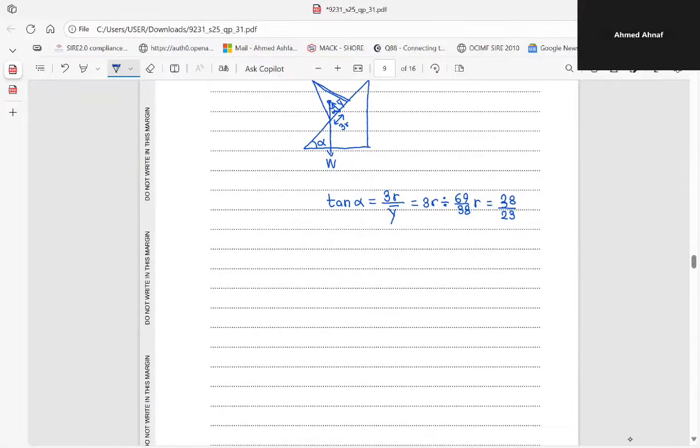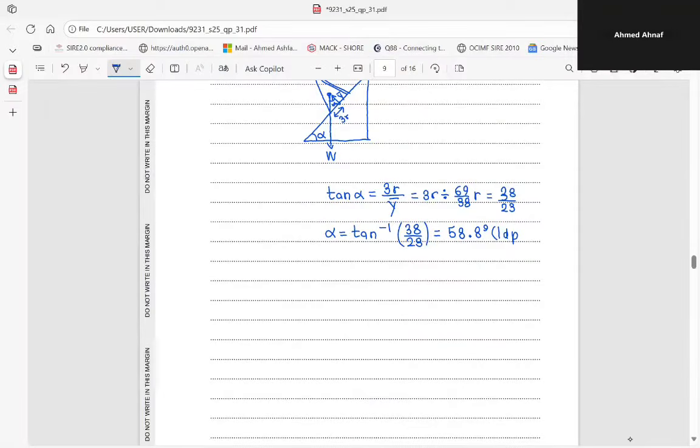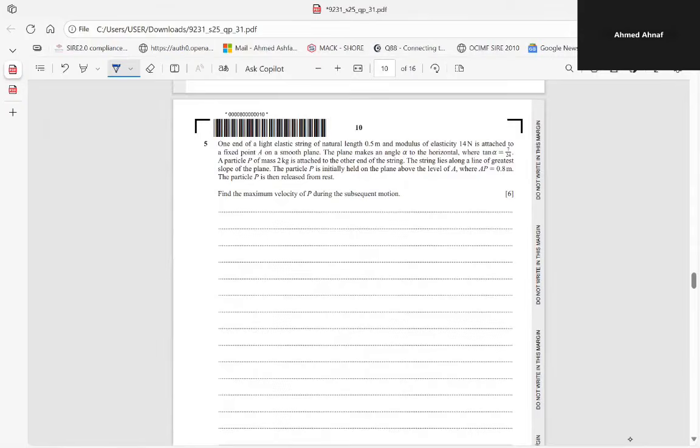And then now we can easily find alpha, which is just tangent inverse of 38 over 23, which is equal to 58.8 degrees to 1 decimal place. So this is our final answer for this part as well as the entire question. Let's head on to the next question.